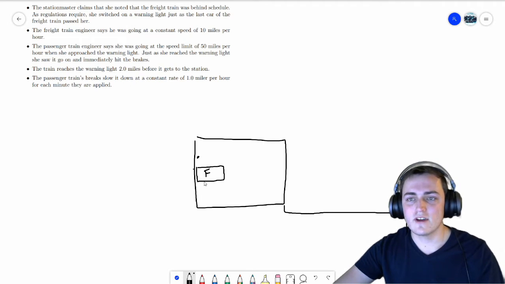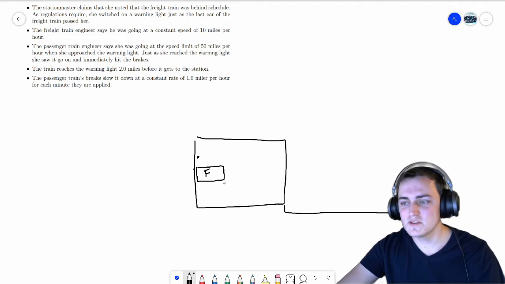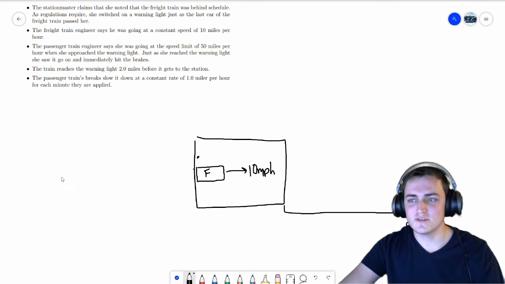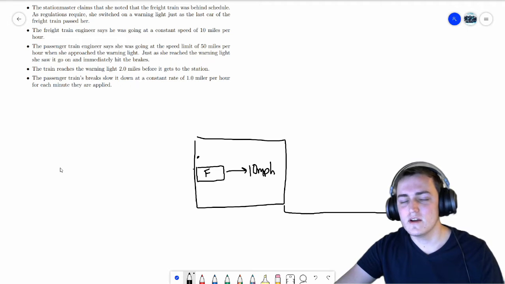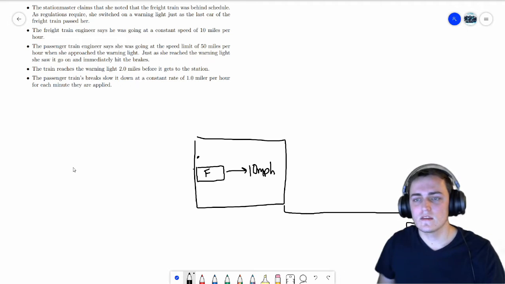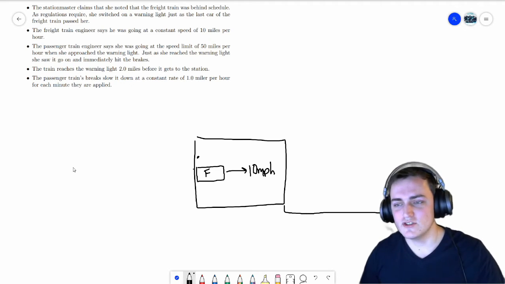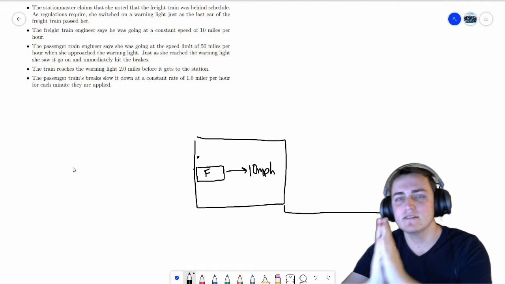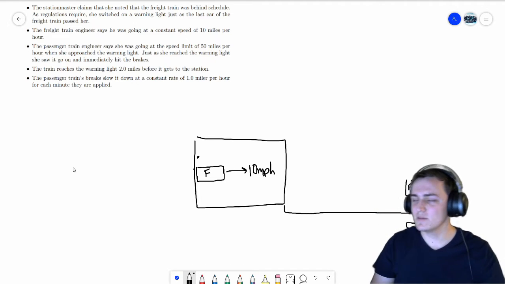Then we say the freight train engineer says he was going 10 miles per hour. The passenger train engineer says she was going at the speed limit of 50 miles per hour when she approached the warning light. Just as she reached it, just as she hit that point of the warning light, she saw it turn on and she immediately braked.